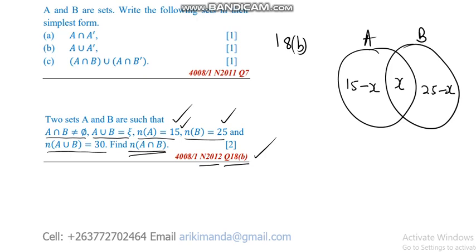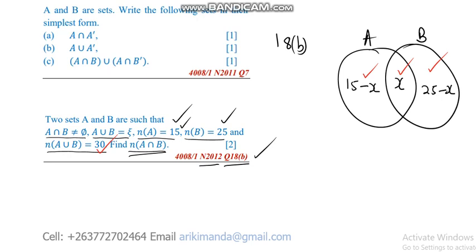And we are told that the number of elements on the union is 30, meaning to say if we combine the number of elements here on the intersection and on this part of B, we get 30. So we form an equation and solve it.